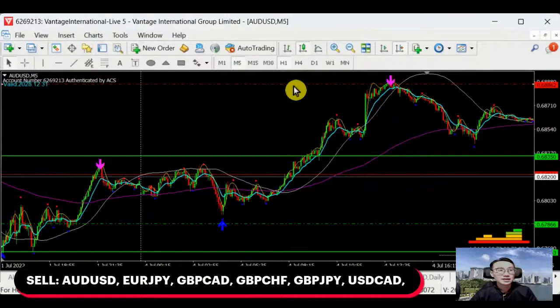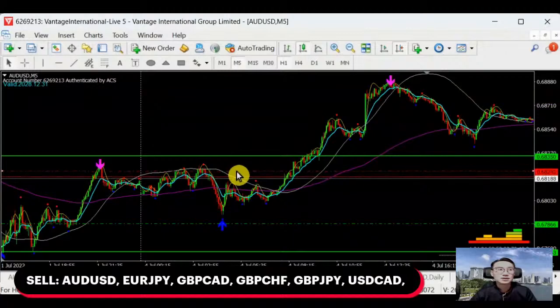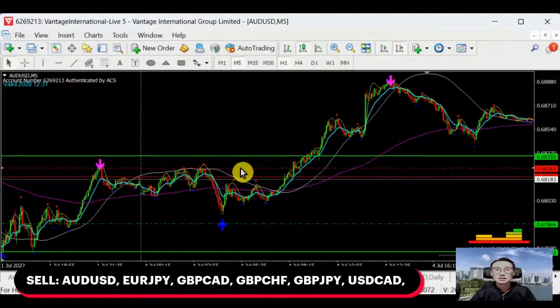Guys, there's another move in pound yen, but please be careful. It may not be what we thought, that it will start selling all the way down. Let me check pound yen first.